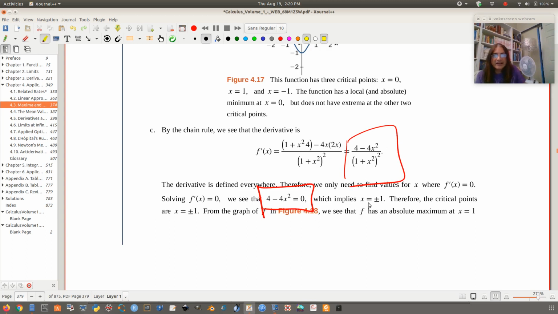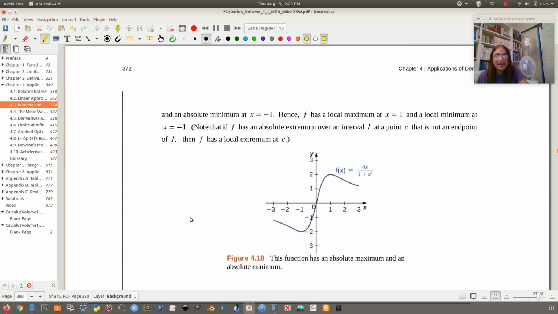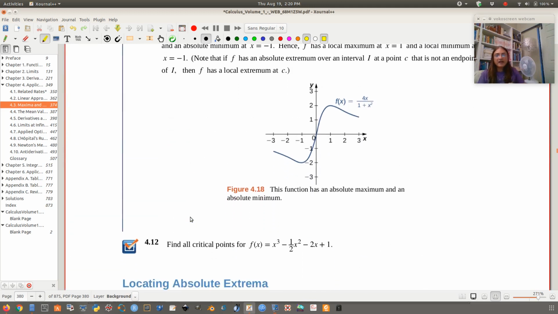And that gives us x is plus minus 1, because 4x squared is equal to 4. 4 cancels, x squared is 1, x is plus minus 1. And you can plot the function, and also you can take the second derivative at plus 1 and minus 1. And you can see clearly here the second derivative will be negative, and here the second derivative will be positive because slope is increasing. Okay.